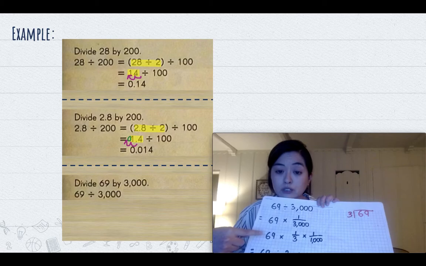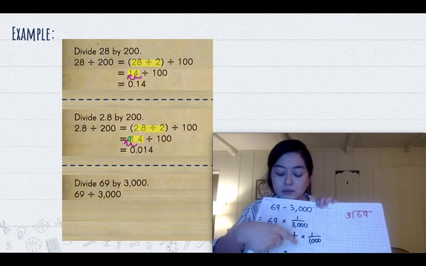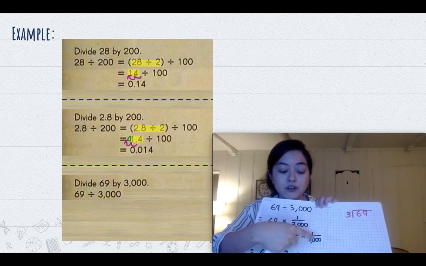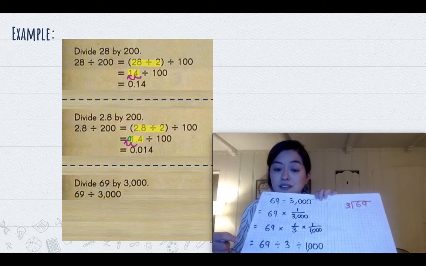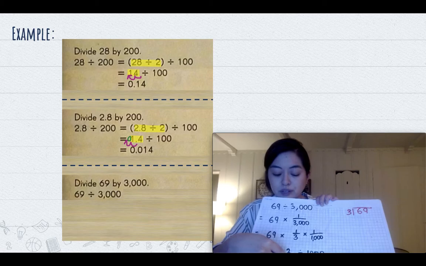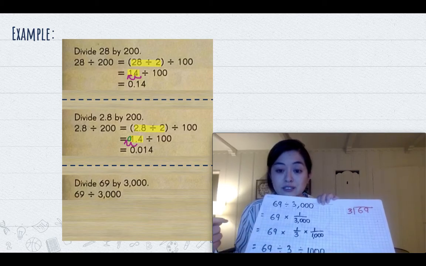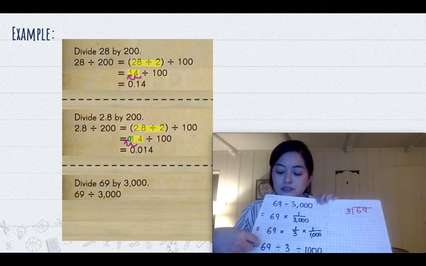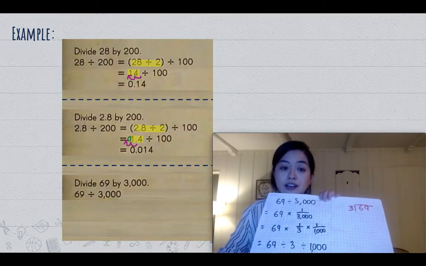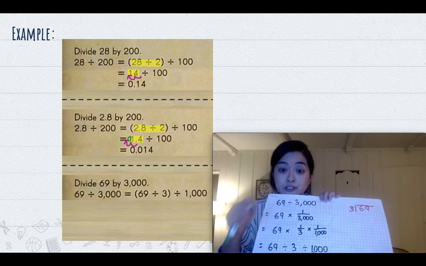Or in other words, we can say 69 times the reciprocal of 3 times the reciprocal of 1,000. And I can change that into a division sentence by saying 69 divided by 3 divided by 1,000. And it's the same operation, so I'm going to do 69 divided by 3 first, and that's in the parentheses for you on your screen.